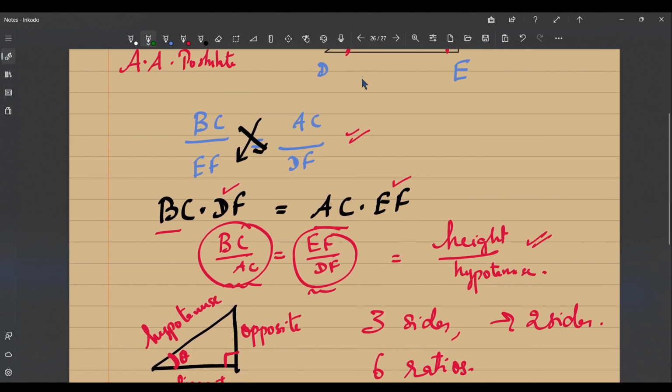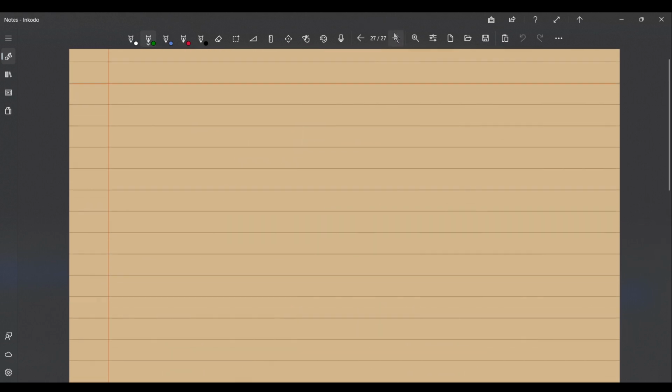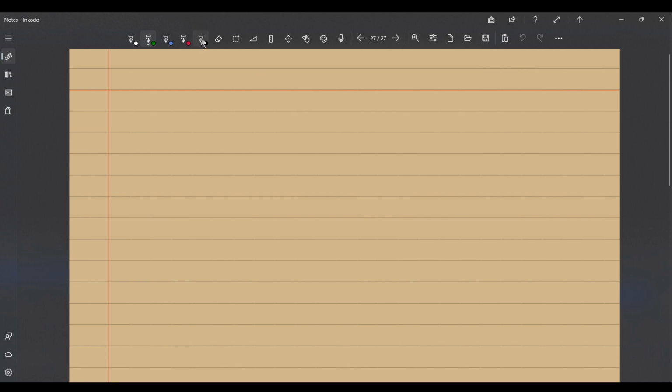So let me take a fresh page and redraw the triangle which we saw just now. So this is a right angled triangle, and we had just now stated that if this is 90 degrees and if we consider this as angle theta, this is the opposite side.